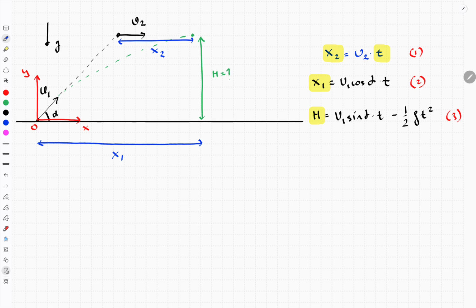So we cannot use x2 anymore, because we don't have it in other equations. Same for x1, same for h. So I think the next equation should be related to x1, x2, and h.